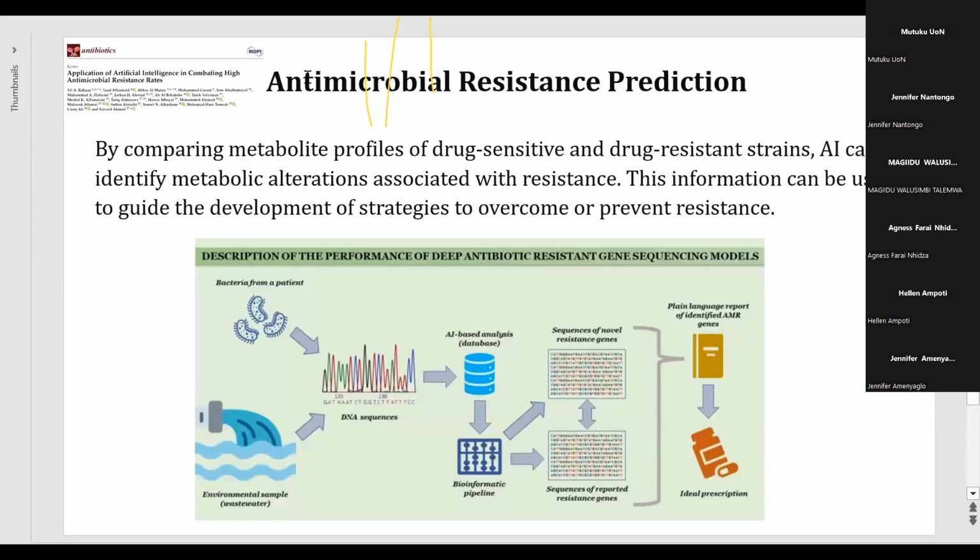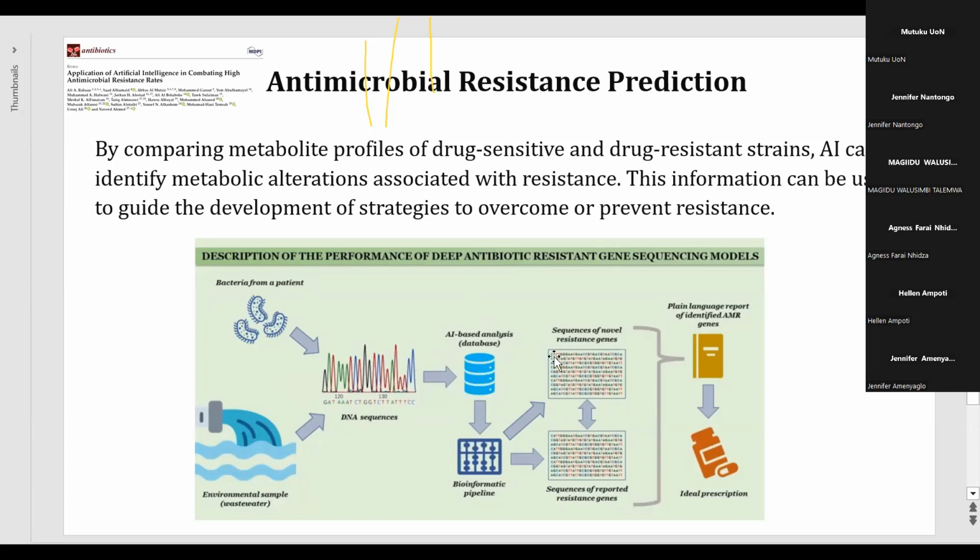Then also there is antimicrobial resistance prediction. By comparing the metabolite profile of a drug resistant strain and a drug sensitive strain, you can also see, suppose this is a bacteria, you do the sequence analysis. This is the AI based prediction, then bioinformatics study.